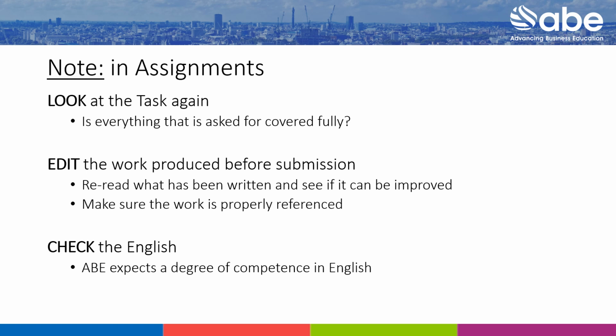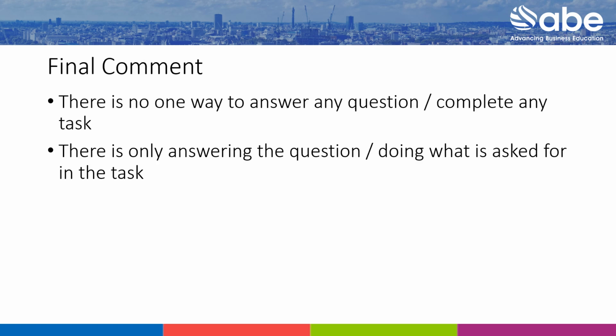Make sure you edit your work before submission. Take out the spelling mistakes. It's so easy to do now with technology. Reread what you've written. See if it can be improved. Make sure that your work is properly referenced, that it's worthy of a level 6 submission. Check the English. ABE has an expectation of a degree of competence in English.